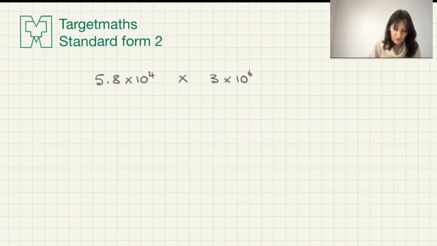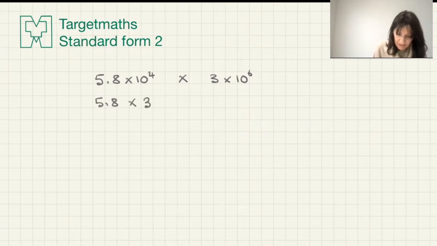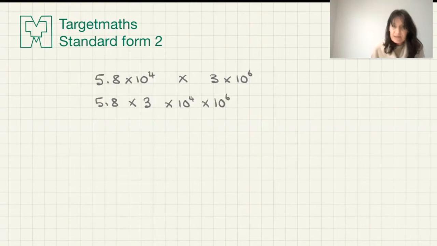So I don't even have to keep this question in this order. What I could do is say I've got 5.8 times 3 times 10 to the 4 times 10 to the 6. And when I do that, it's clearer to see how I can do this section using my power rules.